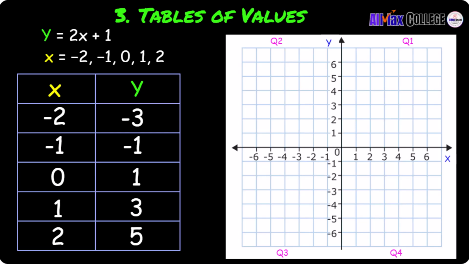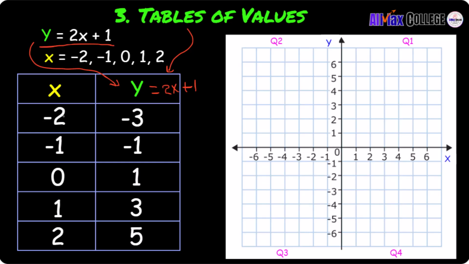So this is the table of values. This is the equation that we considered, and these were the x values. So the table of values has all x values and y values based on the equation y equals 2x plus 1.